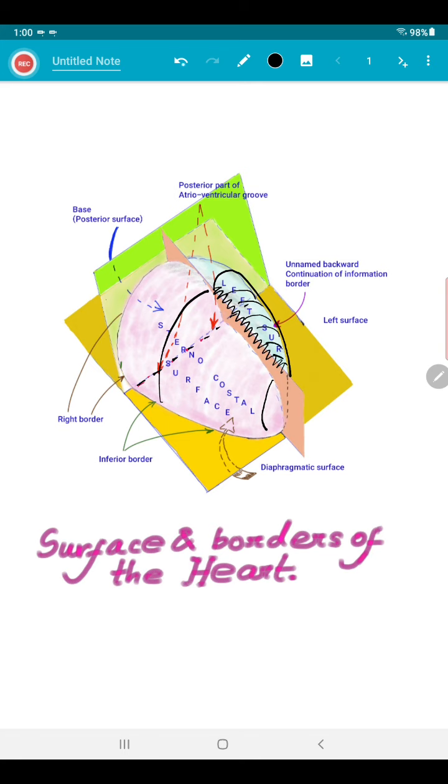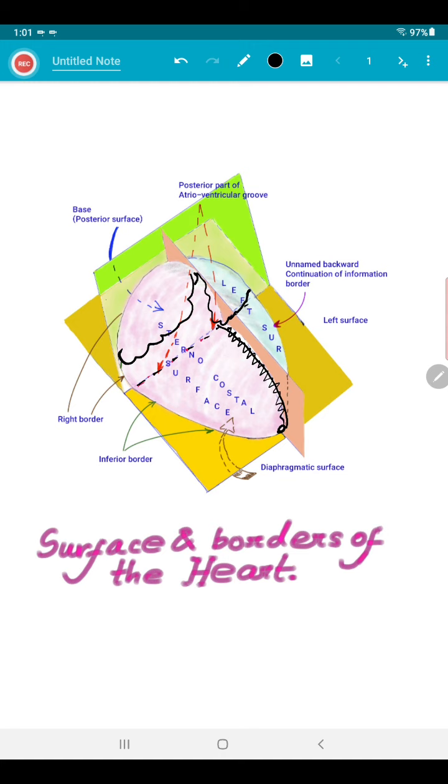So the left border is an ill-defined convex border. It extends from the left auricle to the apex of the heart. The apex of the heart is this point. So the left auricle will be here somehow, and this is the right auricle. From the left auricle to the apex of the heart, this ill-defined border is known as the left border.